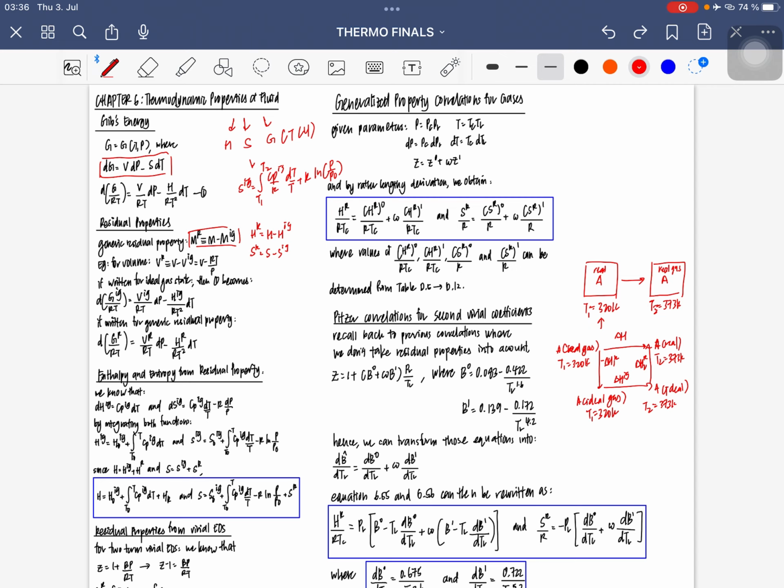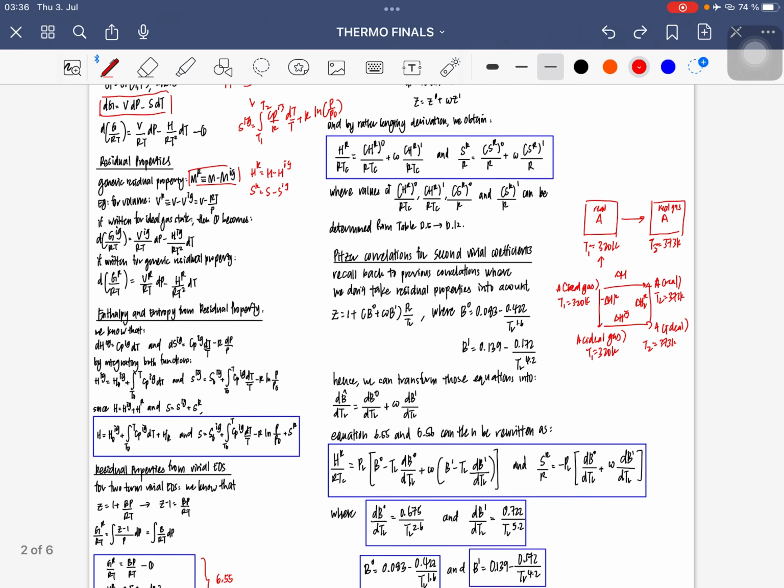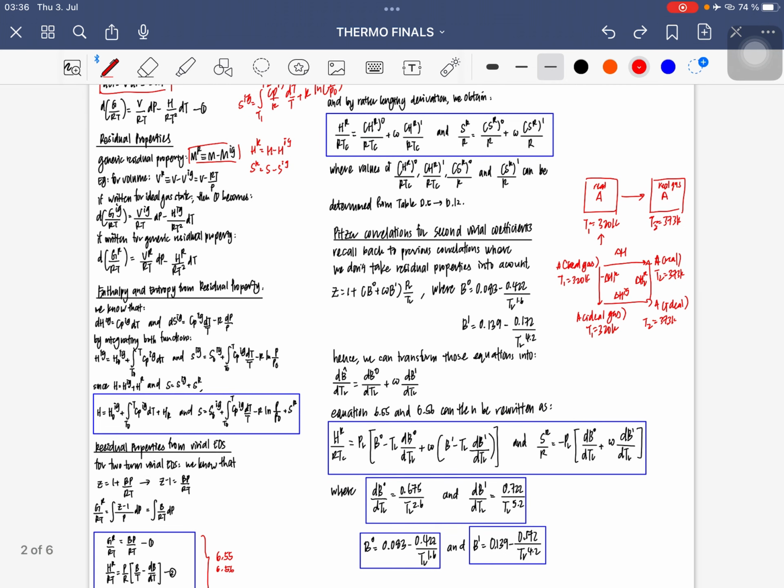So you have to keep an eye on that, whether they want second virial or generalized property correlation. Say they want second virial coefficient. So you have to use this working, which is HR over RTC equals blah blah blah, and then you can find the real enthalpy to change it to ideal gas.